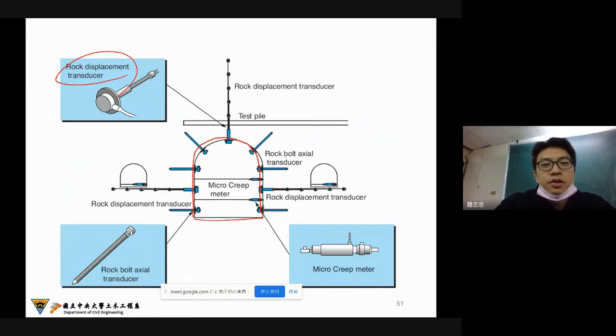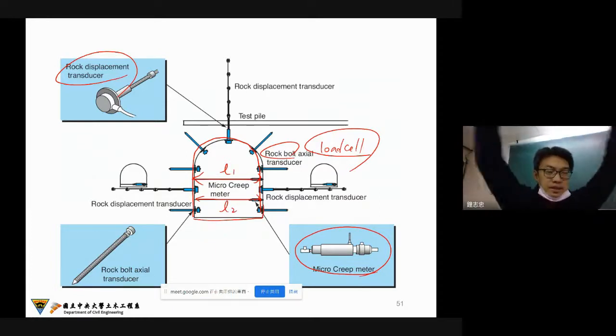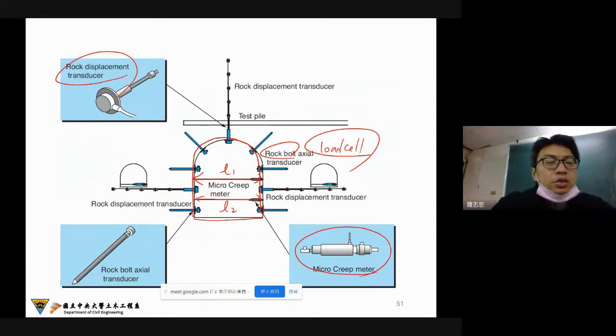Sometimes if you use a rock bolt, maybe you need a load cell to understand the pressure. And we also have some micro creep meters to make sure that the shape or the geometry of the tunnel stays constant.